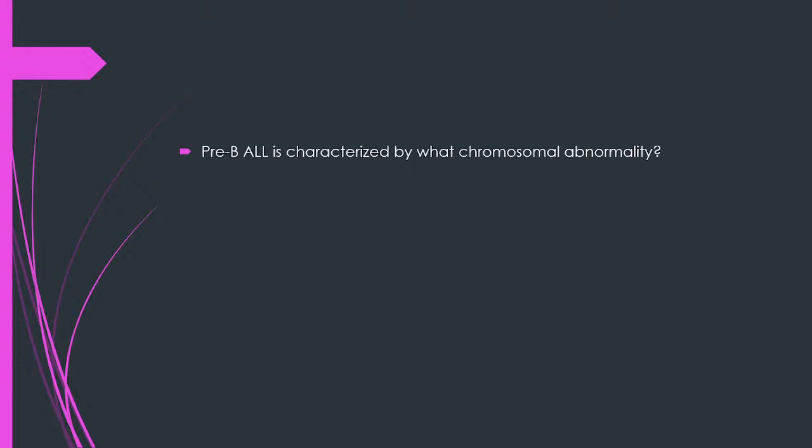Does anybody know what genetic disorder people with trisomy 21 have? In the chat box, anybody knows? What's the abnormality in patients with trisomy 21? Cytogenetics. You guys already took up cytogenetics, right? Down syndrome. Very good. Down syndrome. All right. So Down syndrome is for trisomy 21.